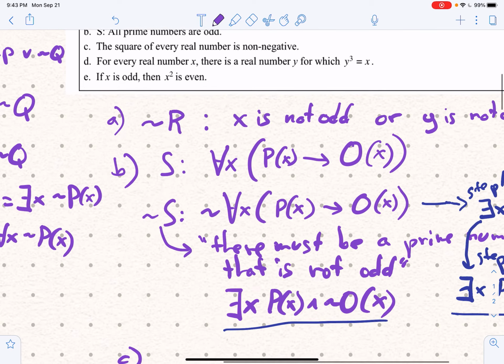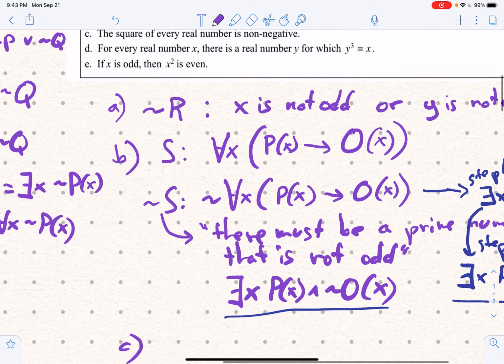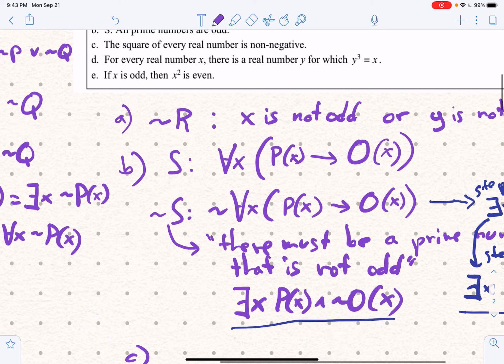So just a note on what it means. The original statement, the square of every real number is non-negative. So if you have every real number, that's like the for all. If you square it, then you get something that's, what does non-negative mean? Non-negative just means it's not negative, and that means either it's positive or it could be 0.